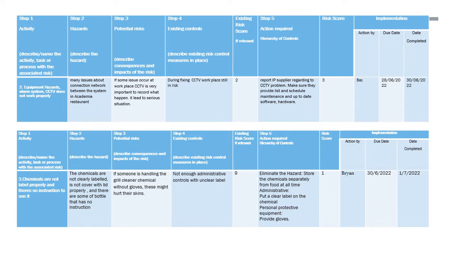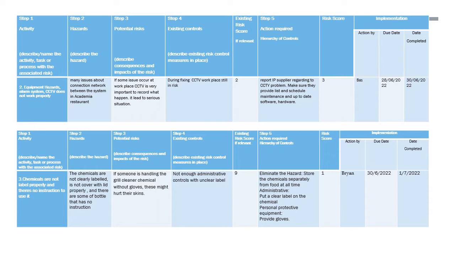So the action required for this hazard is to report to the IT suppliers regarding the CCTV problem. Make sure they provide the list of scheduled maintenance and up-to-date software and hardware of the CCTV. Make sure the system is built properly.